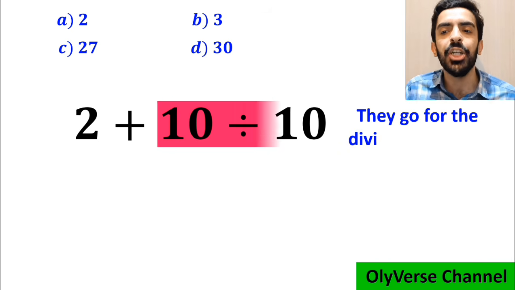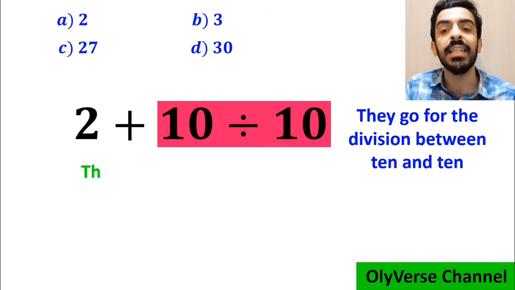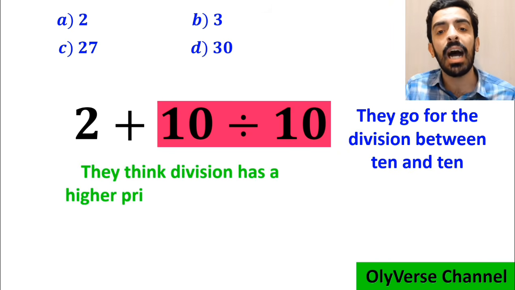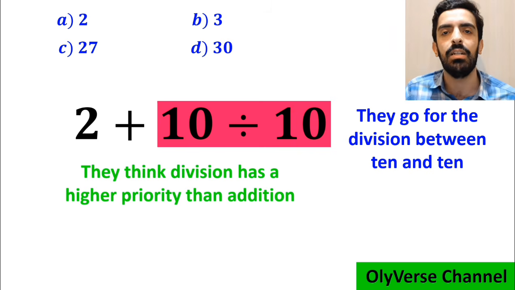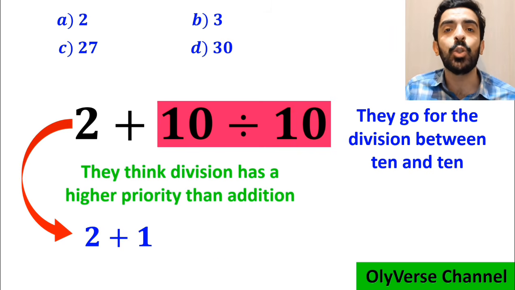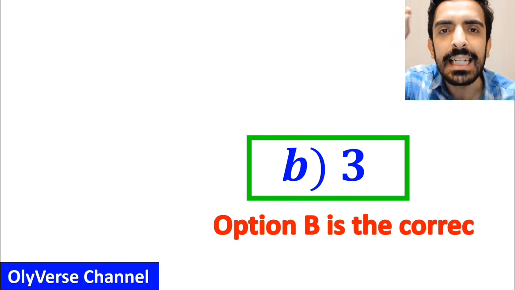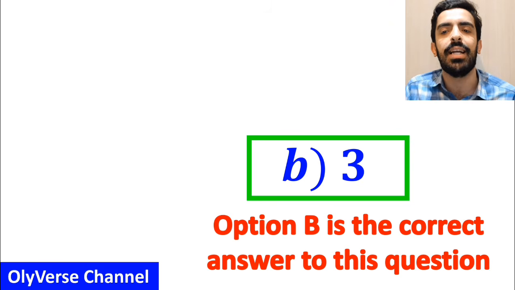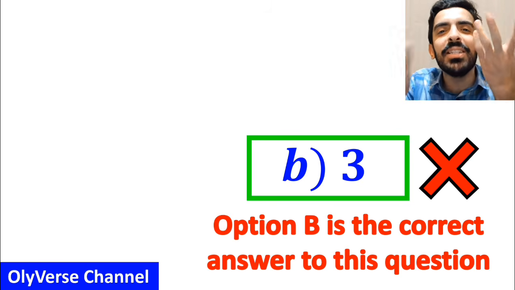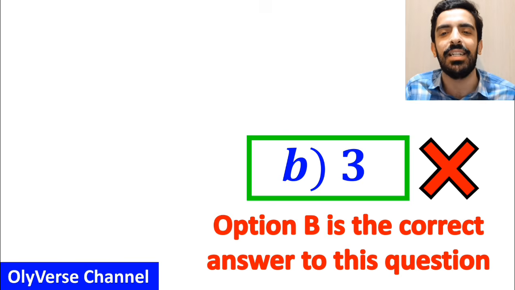Then, they go for the division between 10 and 10 because they think division has a higher priority than addition. And they rewrite this expression as 2 plus 1, which ultimately gives them the answer 3. And immediately, they conclude that option B is the correct answer to this question. But I have to say, we're tricked and it's not the correct answer to this question.